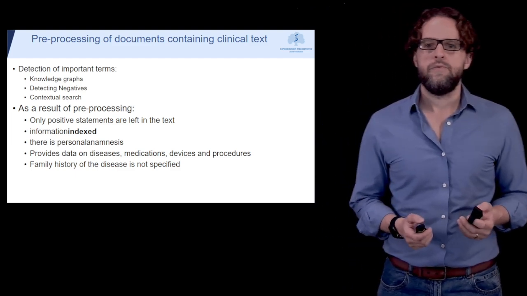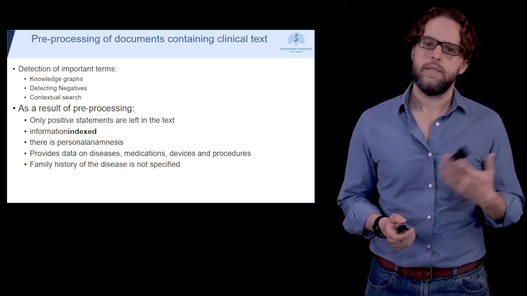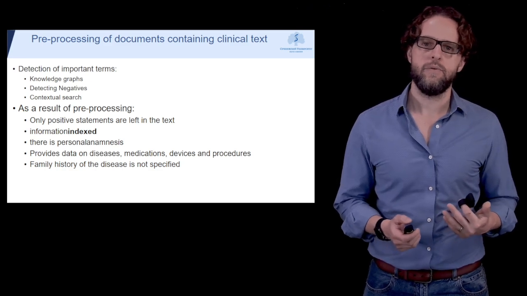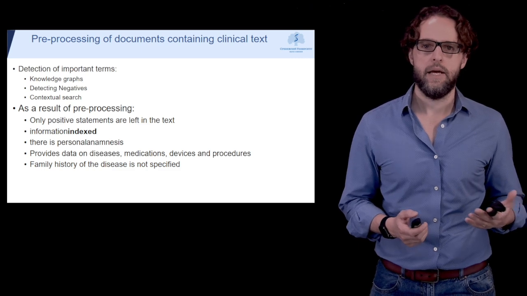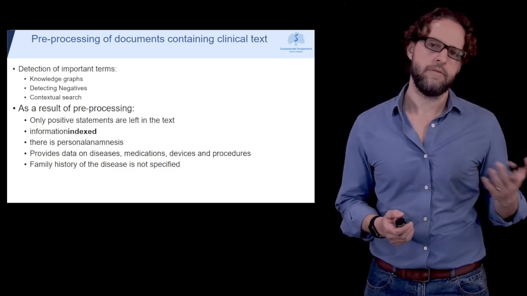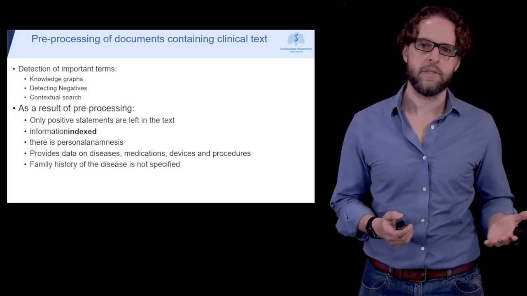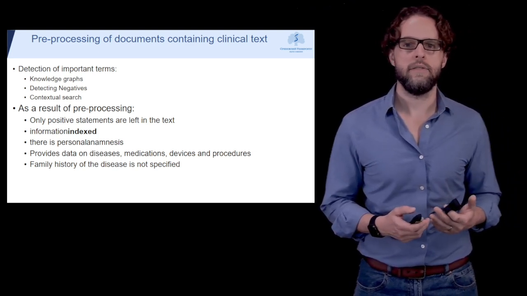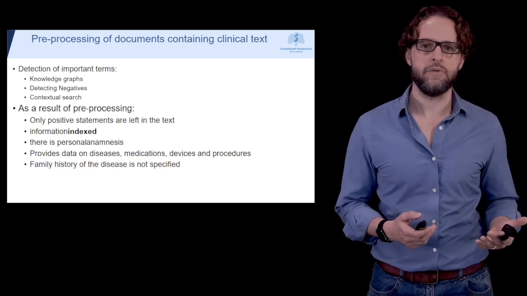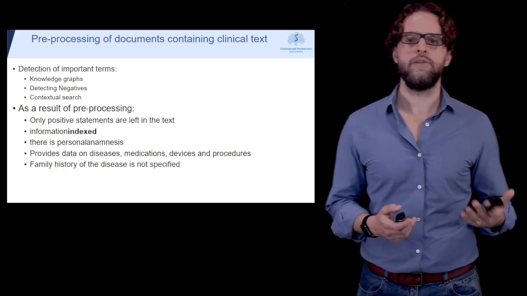So we are starting with pre-processing of documents which contain clinical text, and there are certain steps to be done. We will have to use a knowledge graph and negation and context detection tools to discover important terms.